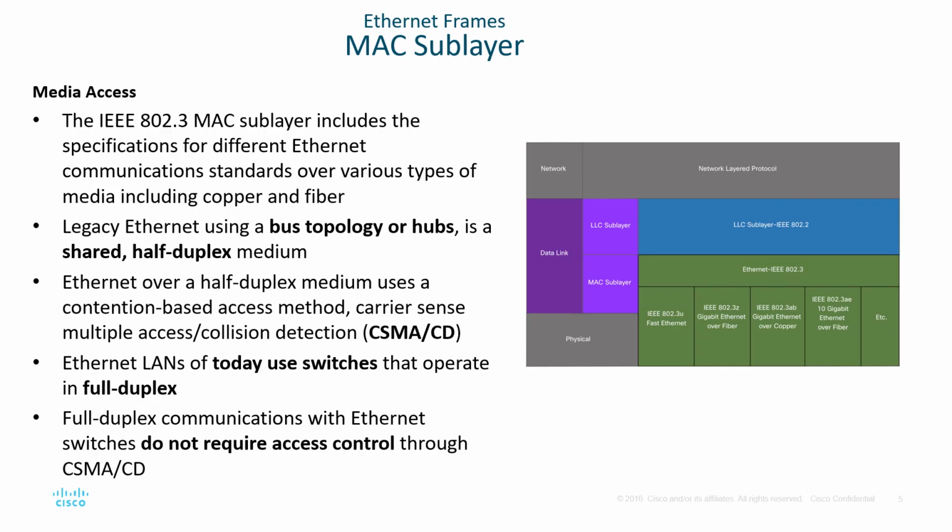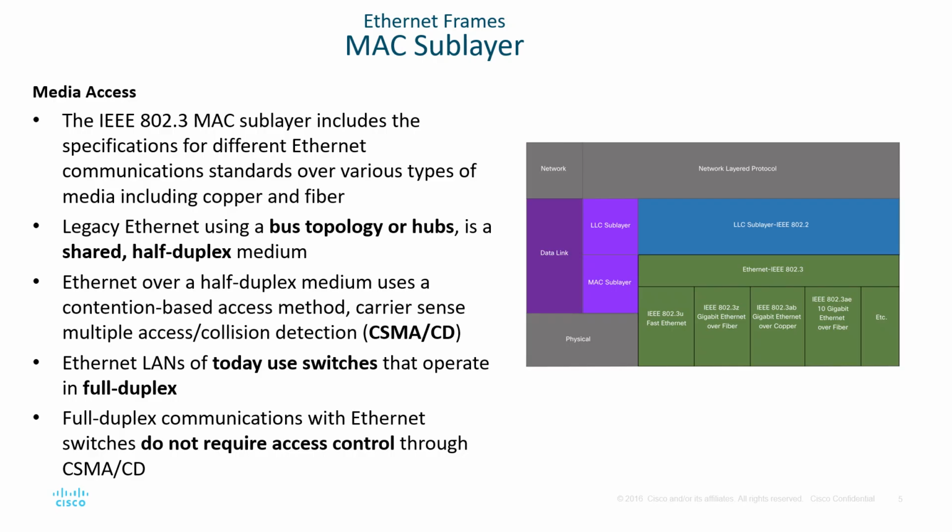Media access. IEEE 802.3 is your MAC sublayer. The MAC sublayer of the data link layer includes the specifications for different Ethernet communication standards over various types of media, including copper and fiber. When you talk about legacy networking, you're talking about using a bus topology.